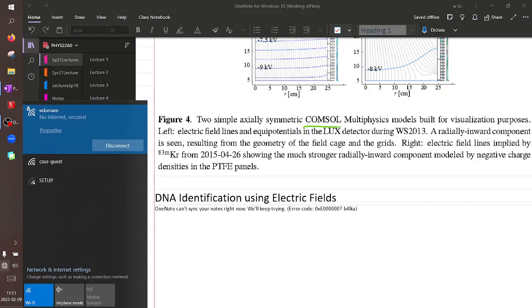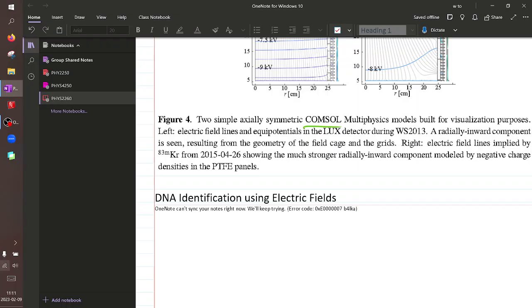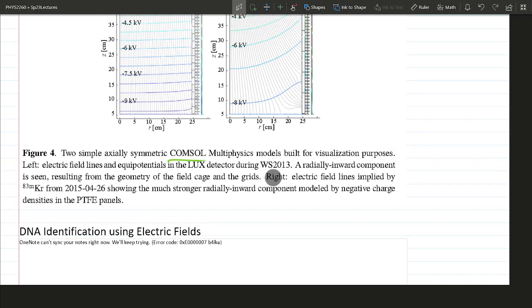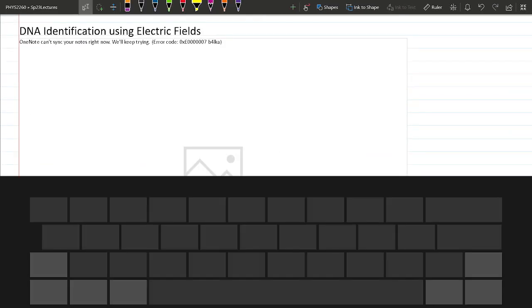If we don't get the internet, you're going to suffer my bad drawing. Hopefully we can get to the internet and then refresh this page. Sync. Picture update. I want to look at this picture.